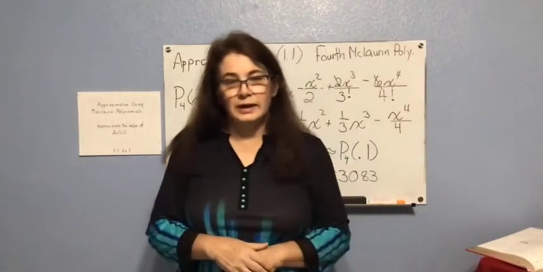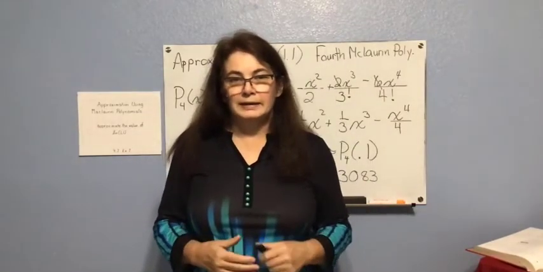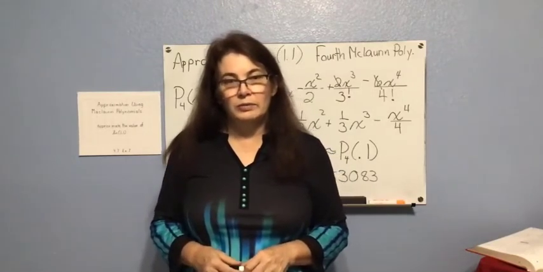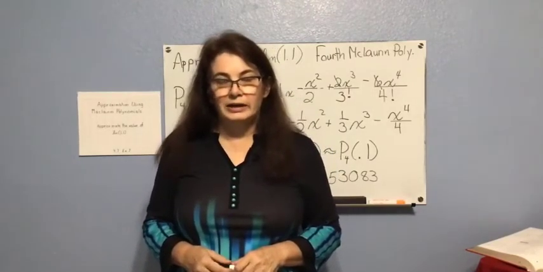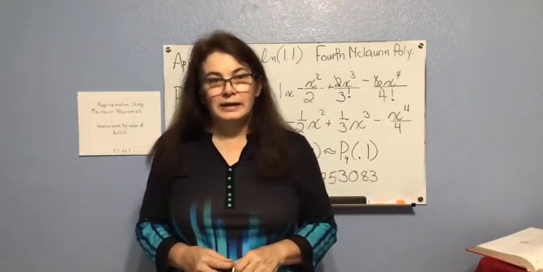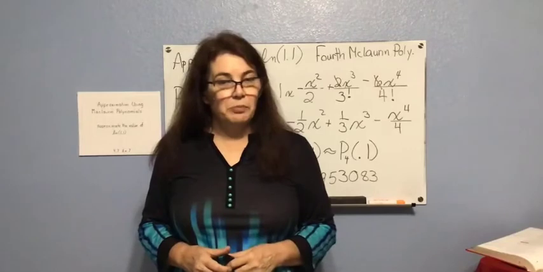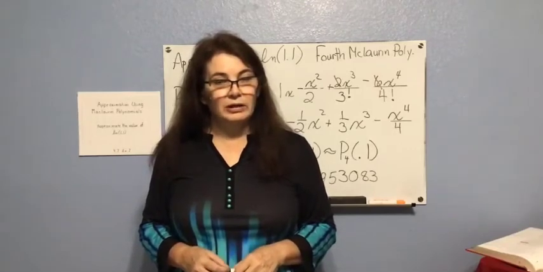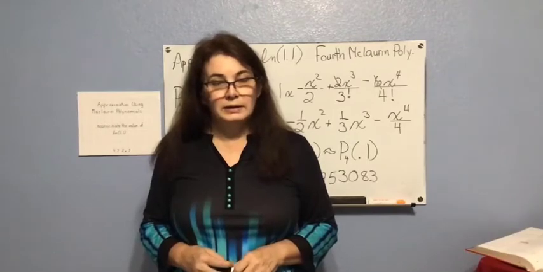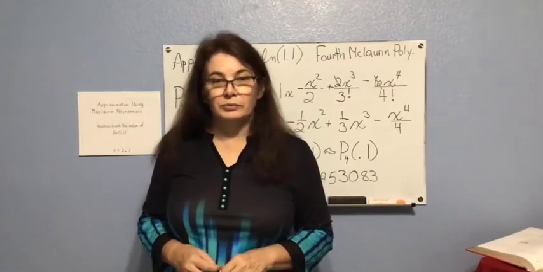Two things that you should take away from this problem is that when I use a higher degree Taylor or Maclaurin polynomial, I generally get better results. And the other thing is that if I keep c small, if I stay very close to the value that I want, my approximation is also more accurate.